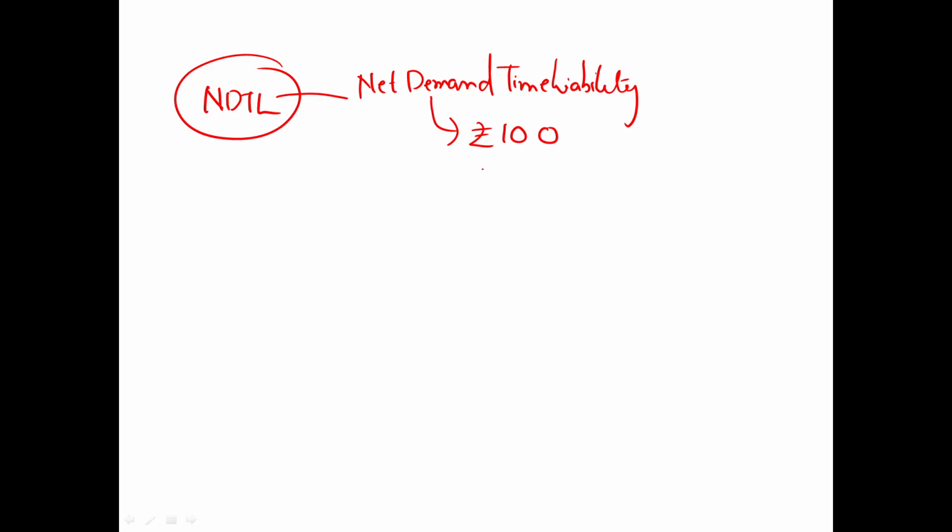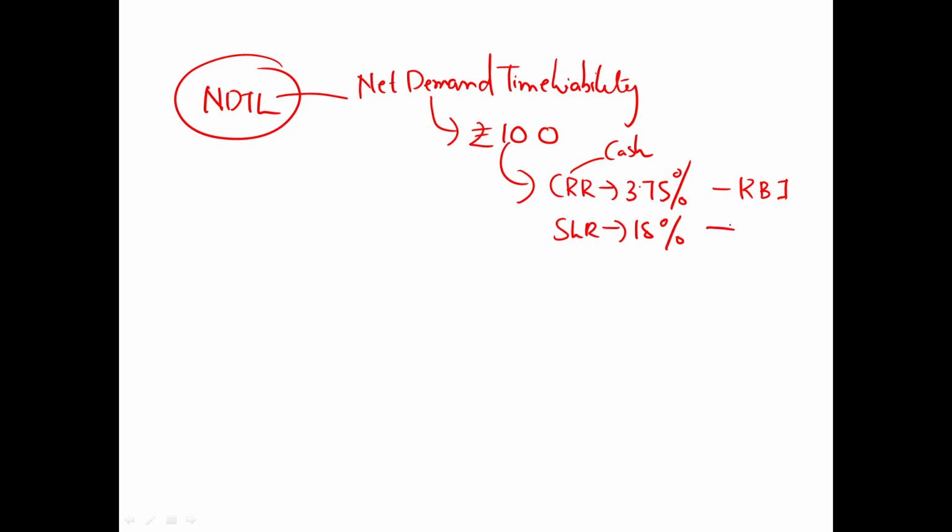Among this 100, the commercial bank cannot lend the entire money to the public. It needs to maintain a CRR of 3.75 percent with the RBI, in the form of cash, and an SLR of 18 percent with the commercial bank itself, in the form of cash, gold or securities.